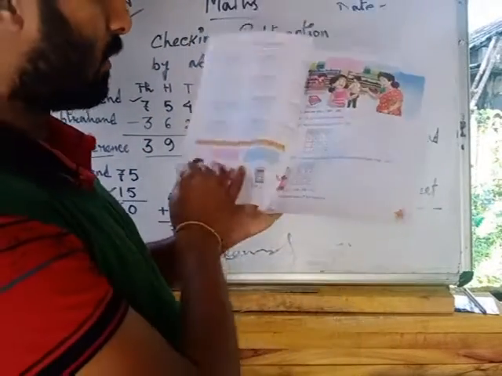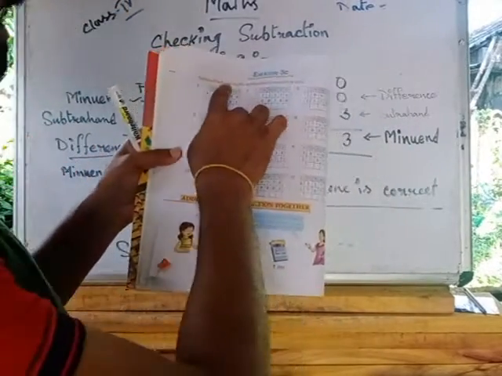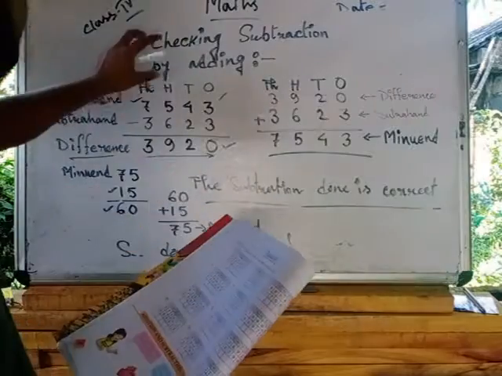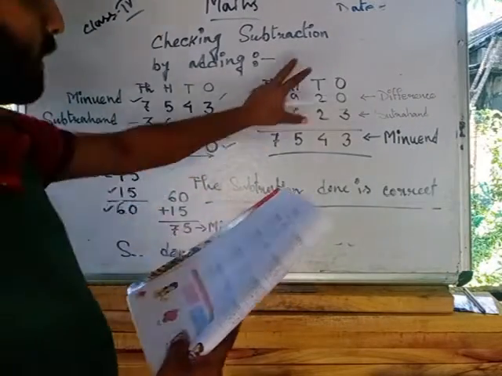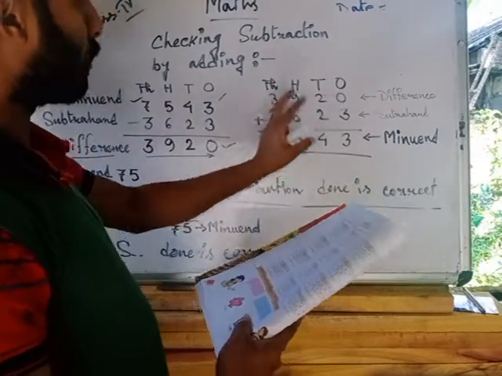Page number 55, 56. Subtract and check the subtraction. At first you should subtract, and then there is a checking process to check whether the subtraction is correct or not.